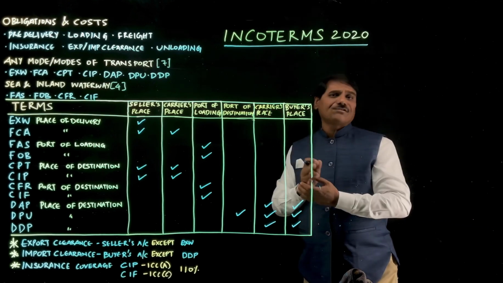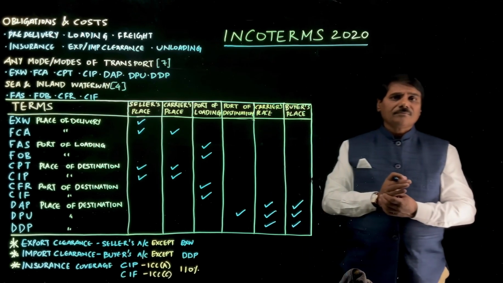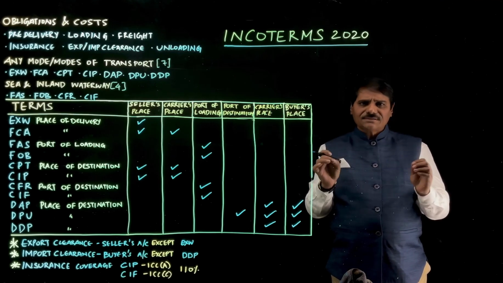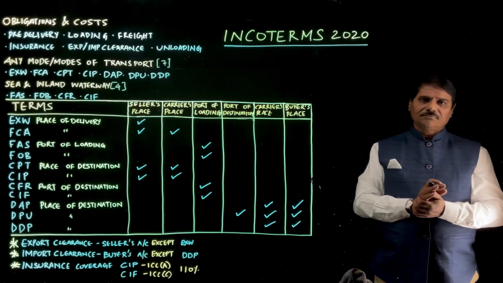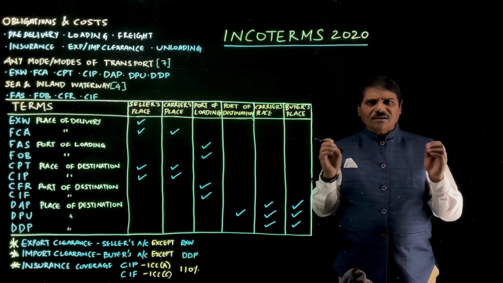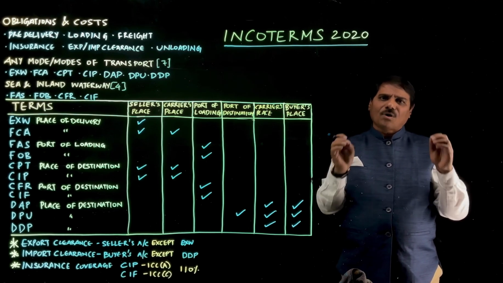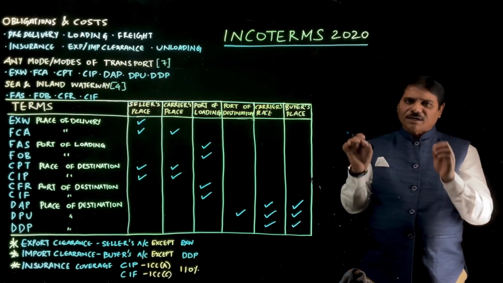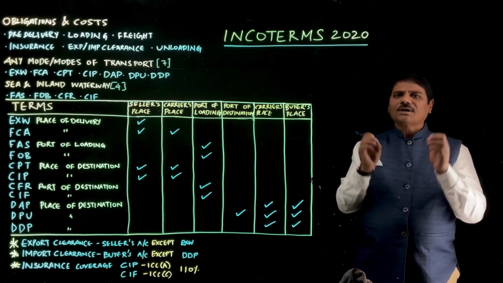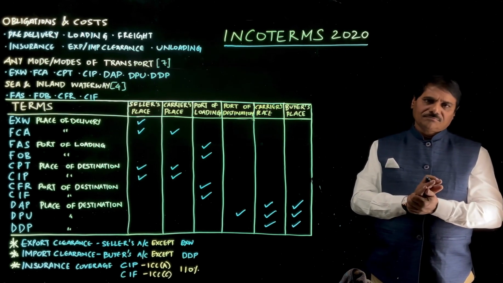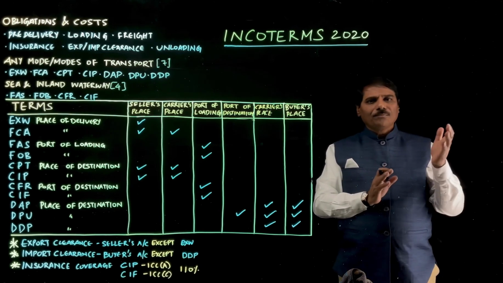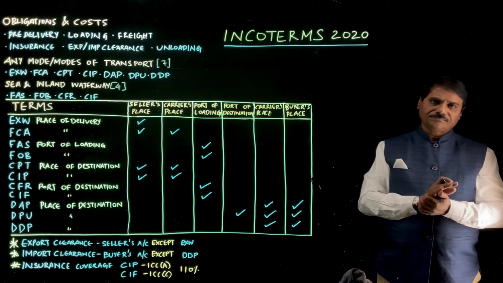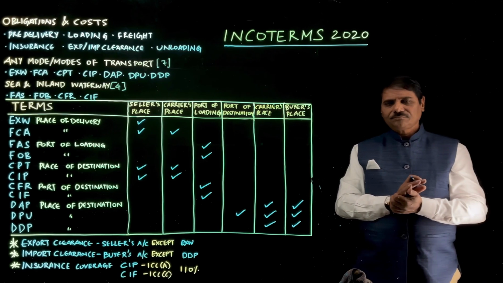So what type of risk do you have to cover? You have to specify it in the sales contract. It is always recommended: any additional or extra activities, any specific requirements, it is always better to incorporate in the sales contract. What type of risks do you have to cover? Because the buyer is paying for it.